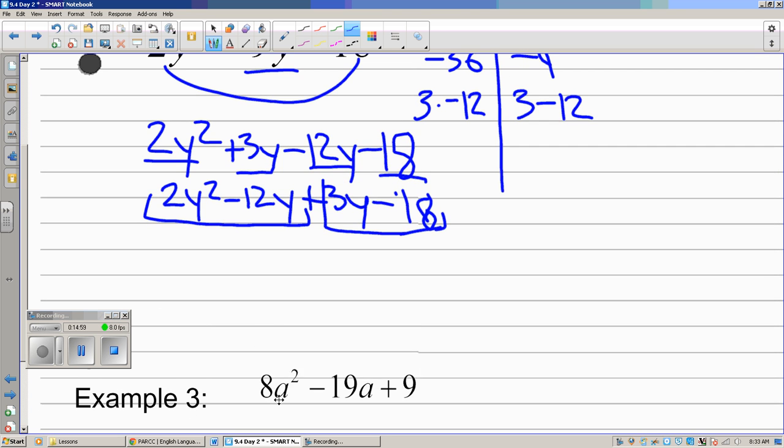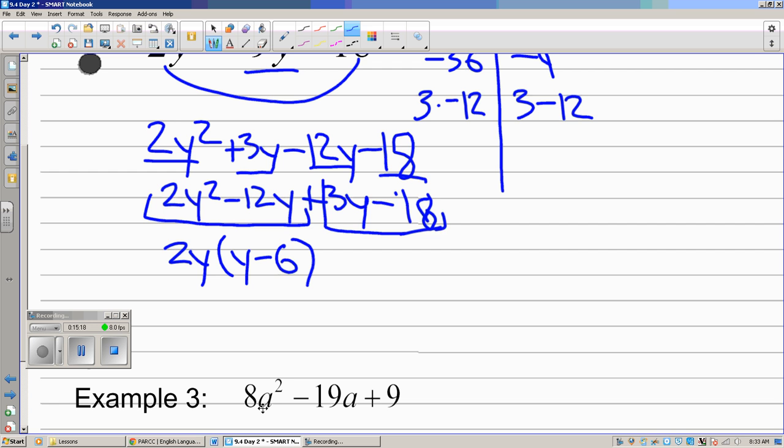Now that I've got that, I found the greatest common factor of this, and it was 2y. So I have 2y in parentheses y minus 6, because 2 times minus 6 equals negative 12. I did the same for this side. I got 3 times y minus 6. So now that they're equal, I know that all I have to do is put 7.